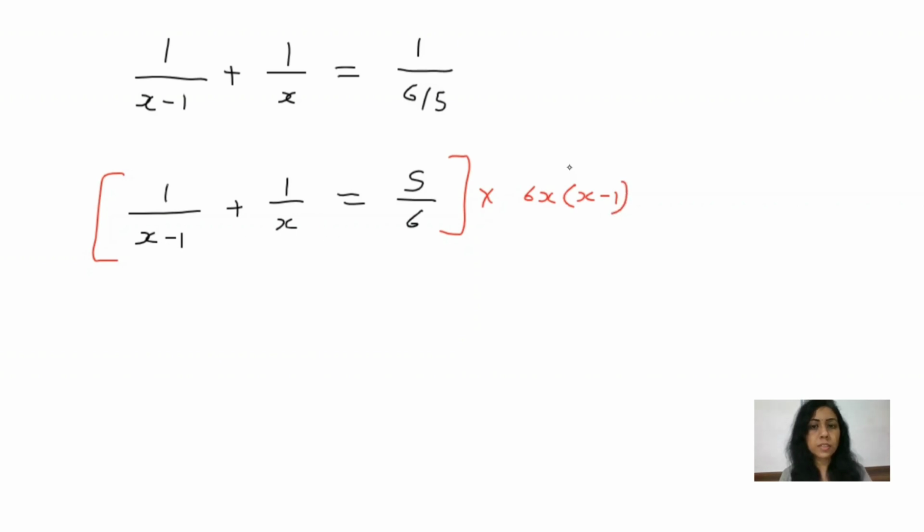Multiplying with the first term, x minus 1 cancels, just 6x, 6x times 1 is 6x. When we multiply the second term, x cancels, 6 times x minus 1 is left. And for the last term, 6 and 6 cancel, here 5 times x minus 1.